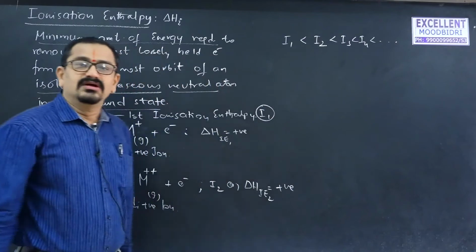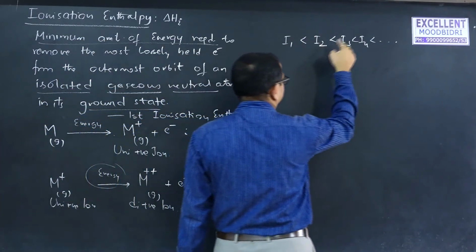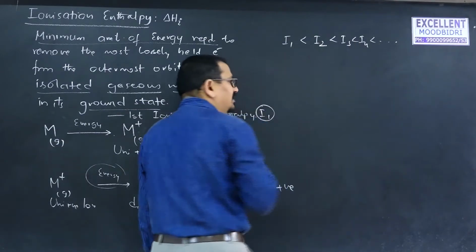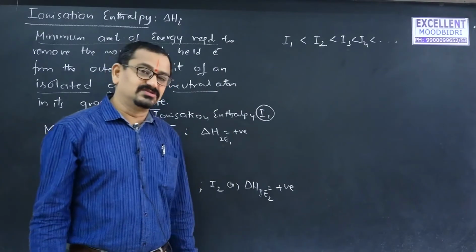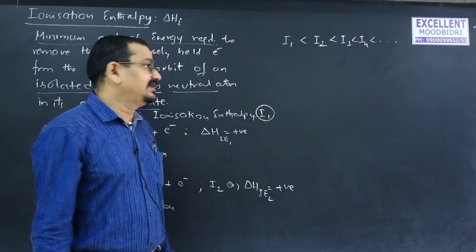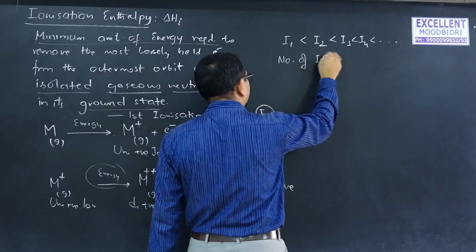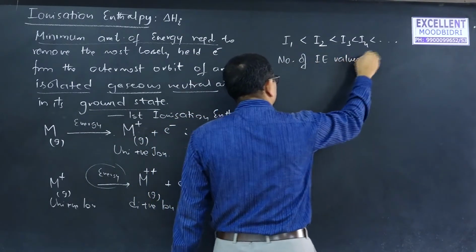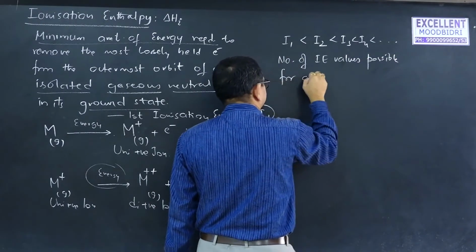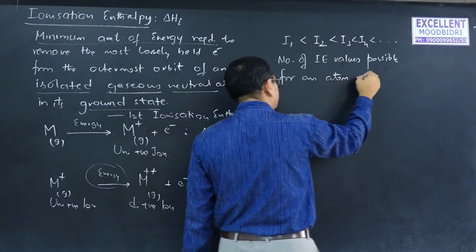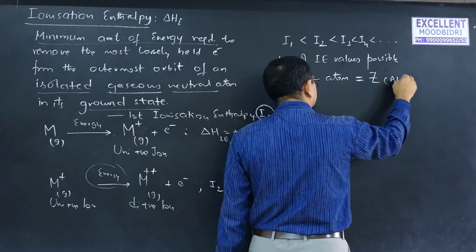So this is how the ionization enthalpy values vary. First ionization enthalpy is less than second, less than third, less than fourth, and so on. You may get a doubt now: sir, how many ionization enthalpy values are possible theoretically? Theoretically, the number of ionization enthalpy values possible for an isolated gaseous neutral atom is equal to its atomic number.